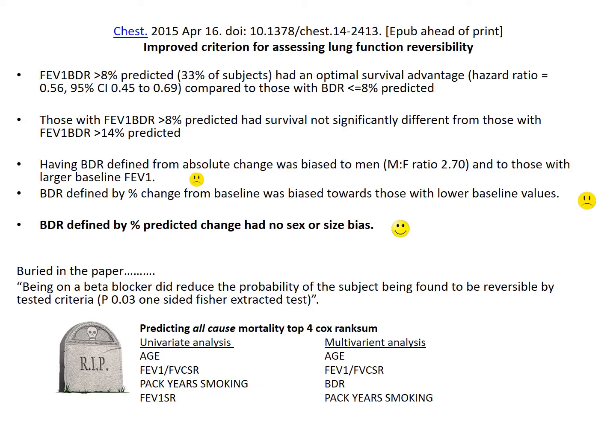So it appears being on a beta blocker didn't affect the bronchodilator response. So maybe of some use. There's not much about that in the literature I've ever found.